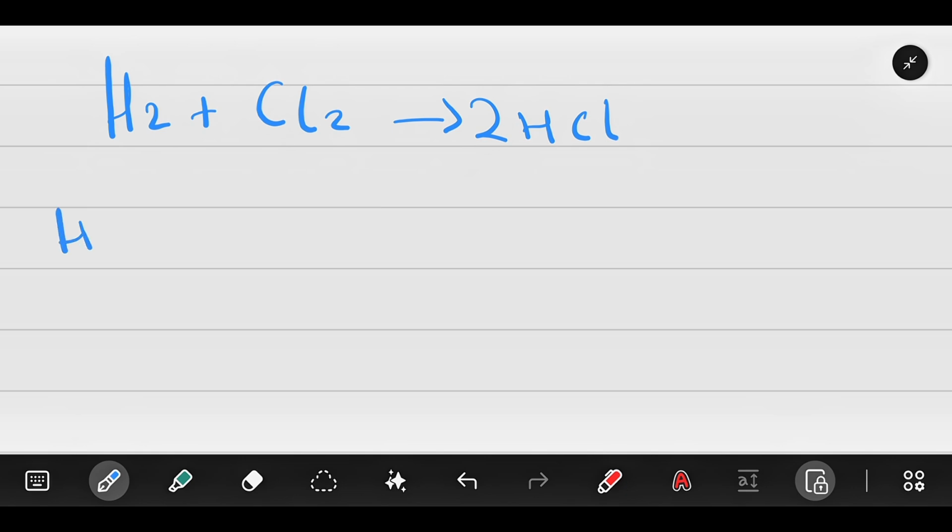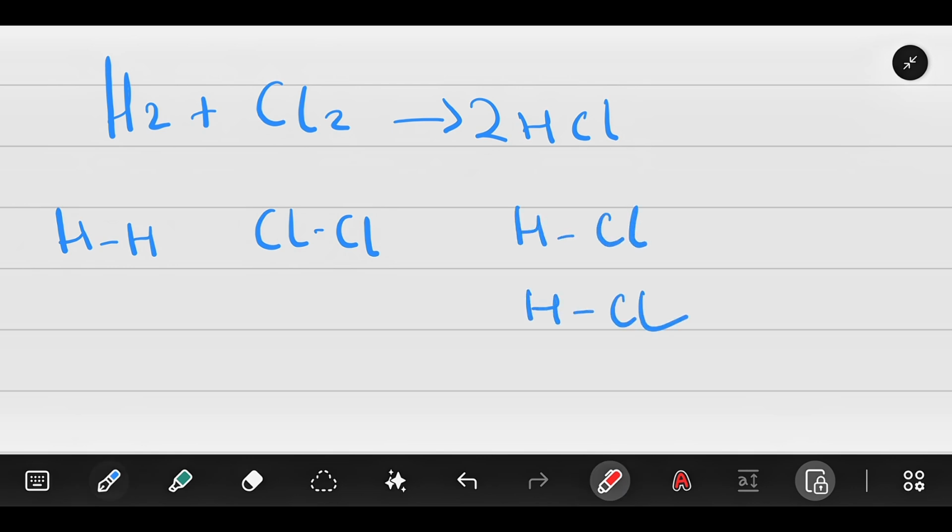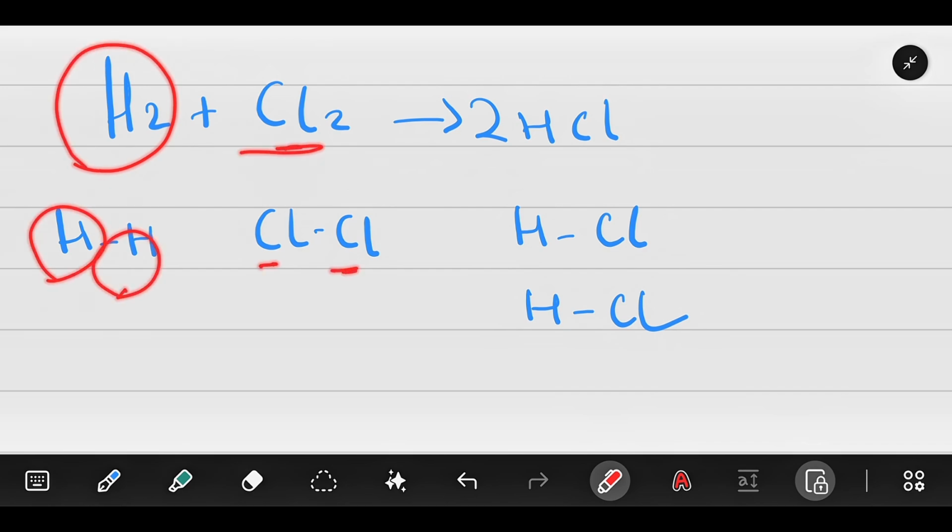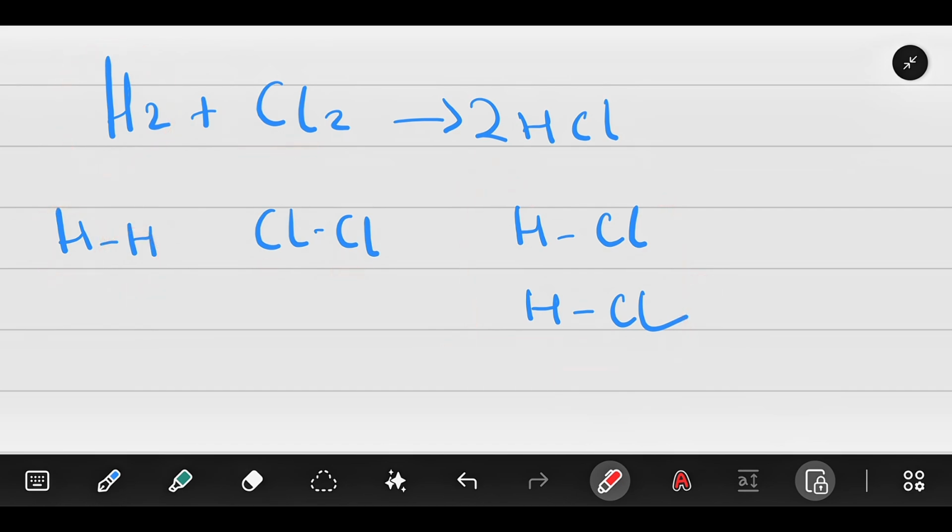and we were to think about it in terms of molecules, we will have something like this. As you can see, there are two atoms of hydrogen here, and two atoms of hydrogen over here in Cl2, and there are two bonds of HCl represented over here in the form of a displayed formula.